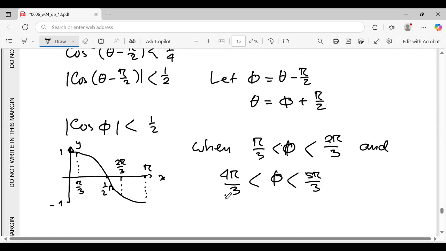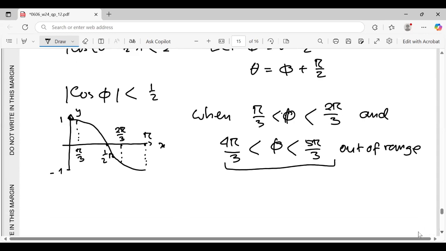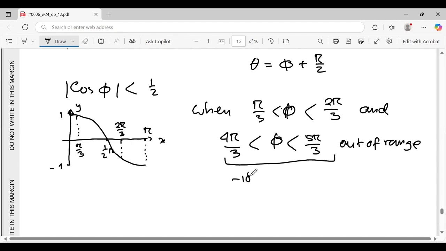But this interval is out of range, because the range is from minus 180 to 180. This is the range.